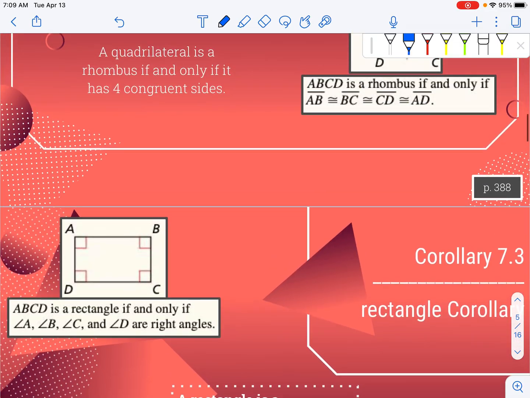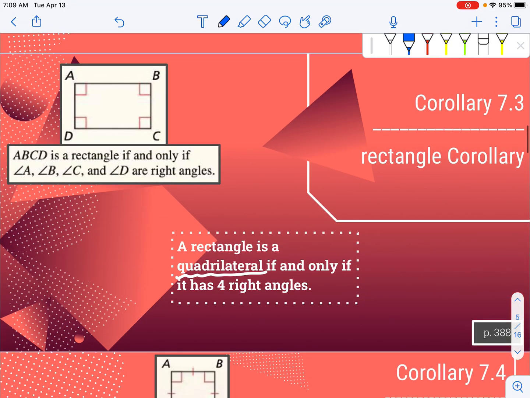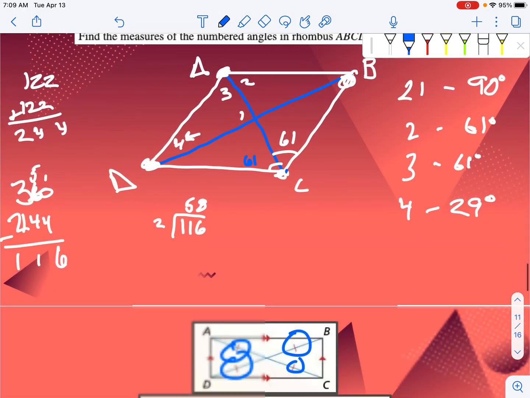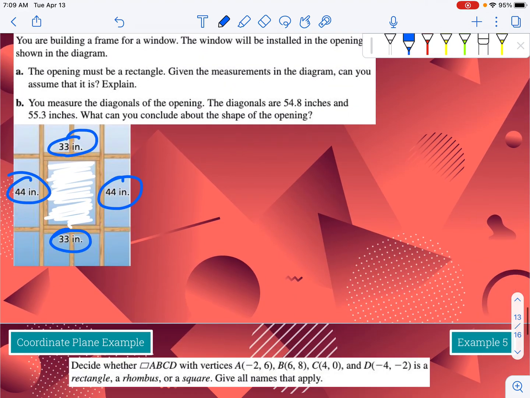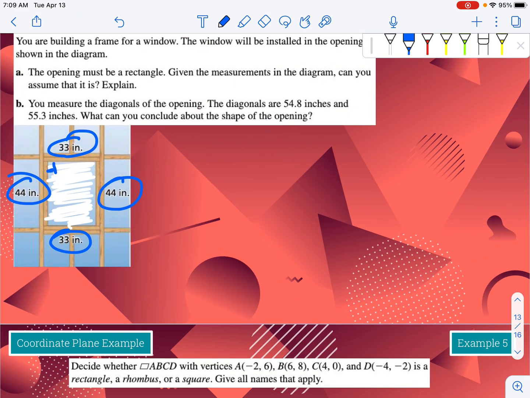Let's see where our picture went. ABCD is a rectangle if and only if the angles are all right angles. Now, even though all those sides are the same, we cannot assume that we have right angles here. Because think about it, in a rhombus, these side lengths are the same, but that doesn't mean that all these angles are the same.